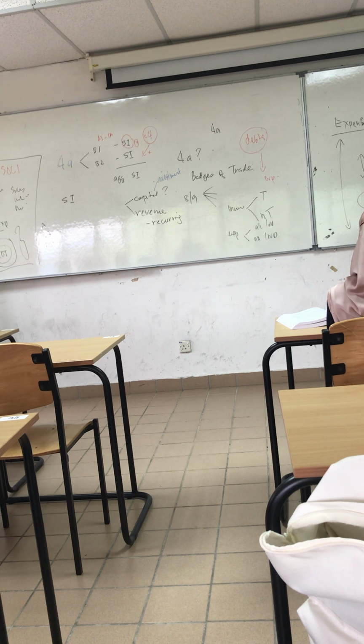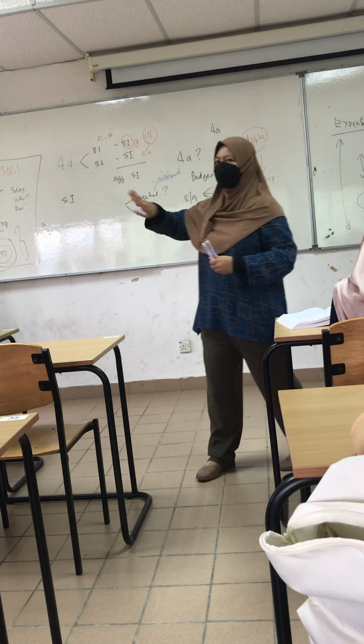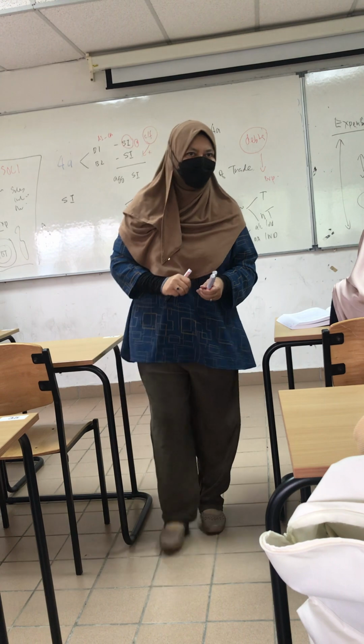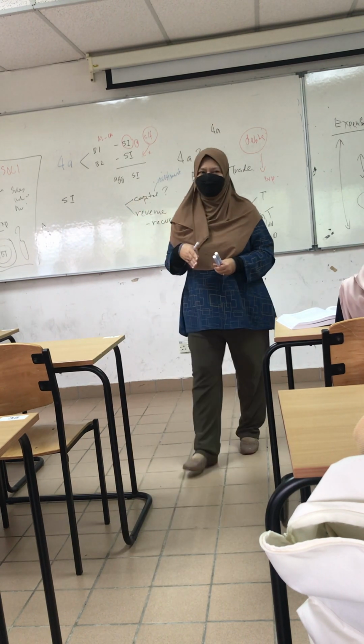So how do you know that the expenditure is allowable or not? The law says that you must go under section 33 and section 34. Only expenditure under section 33 and section 34 is allowed. Other than that, not allowed. Okay? But what about not allowed expenditure?